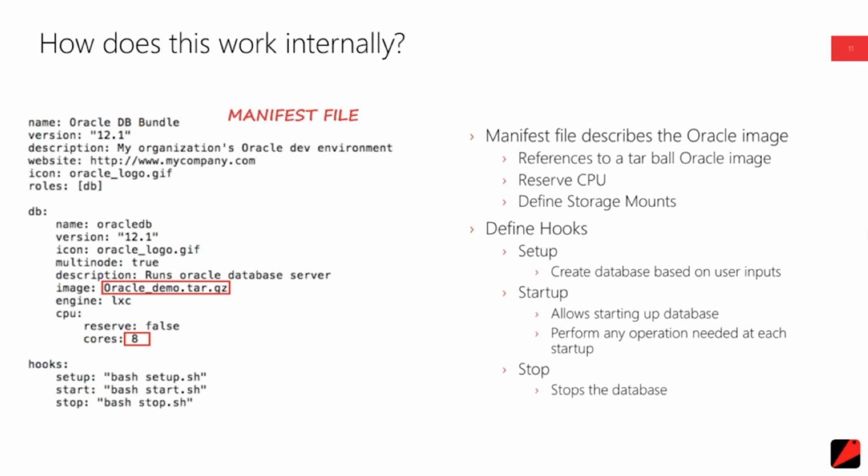You might need to quiesce the database. You might need to do certain things if you're getting ready to patch the database. And so all this behavior can be shaped as part of this collection of hook scripts. They're typically written in Bash and Python. This is how you define the application and everything that it's able to do.